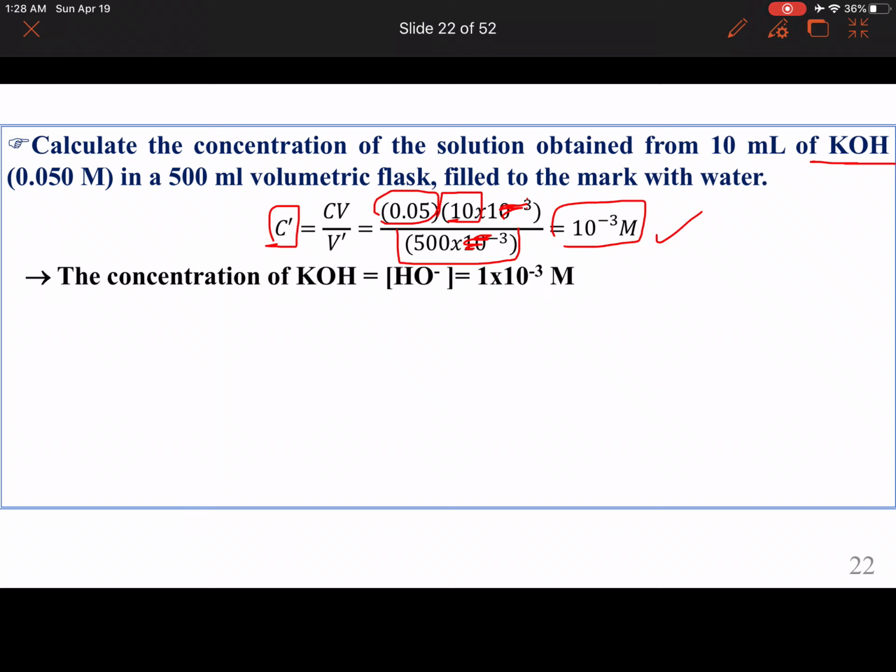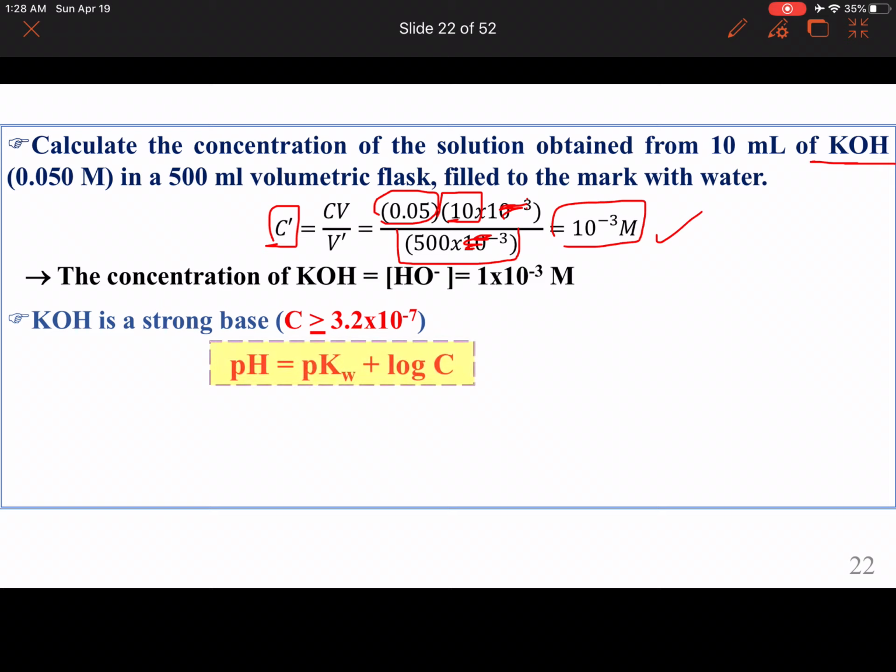You have a new concentration of KOH, and of course, you all know how to do that. Once you have your new concentration of KOH, then you compare it and you say, is that greater than 3.2 times 10 to the minus 7? Yes, it is. That means that only the KOH dissociation will be effectively determining the pH. And so the pH, like I said, we can use this fast way, is simply the pKW, which is 14, plus log of the concentration of the base.